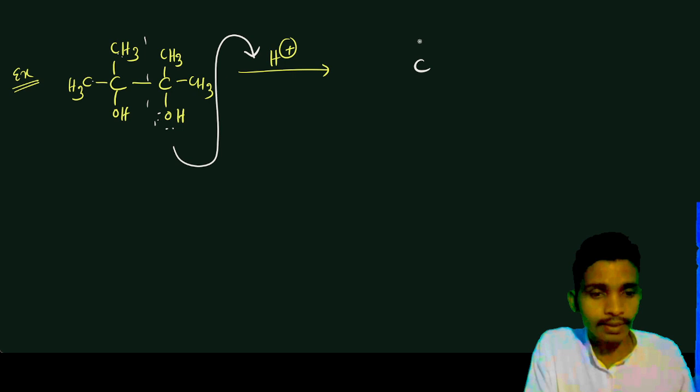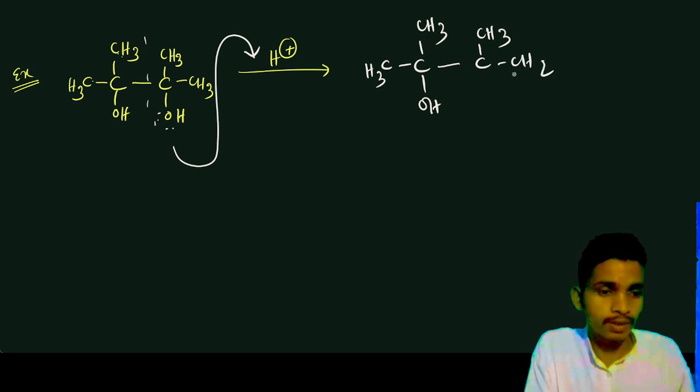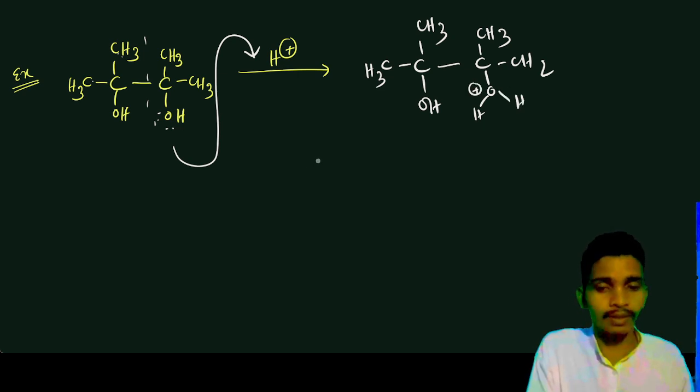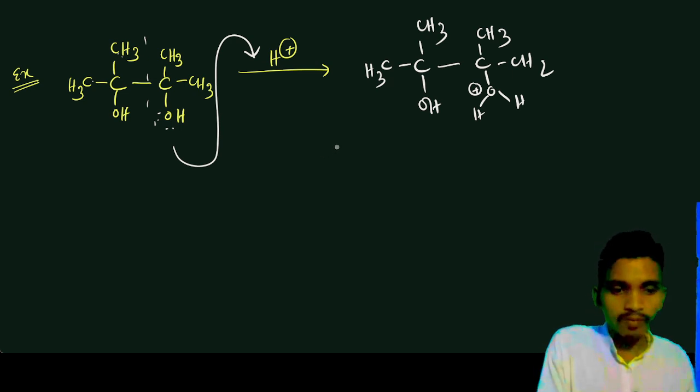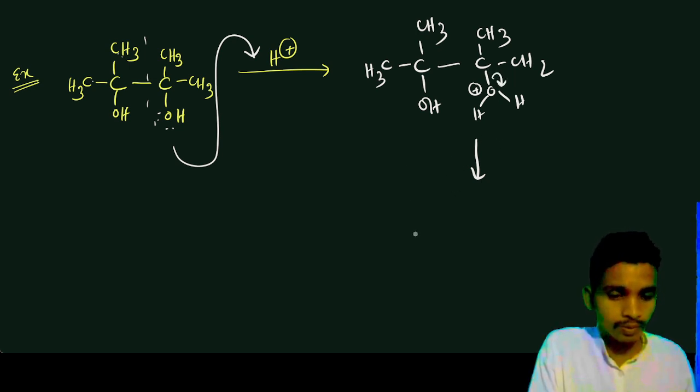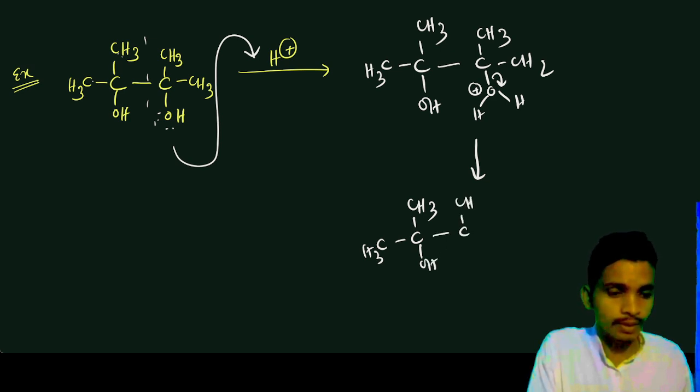Then what we get here is CH3, CH3 and OH, and this is CH3, CH3 and OH and H, with the positive charge here. This becomes a leaving group, so it will be released. So we get CH3 and CH3, this OH, CH3 and CH3, and here we will have the positive charge.